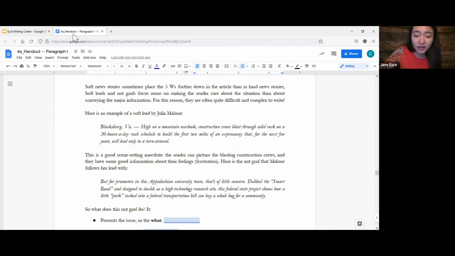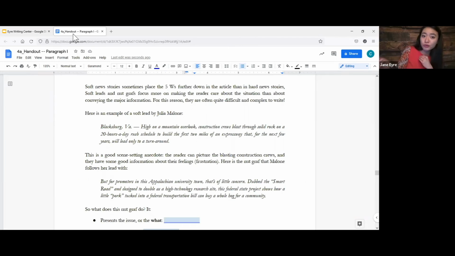So oftentimes a soft news nut graph might even be a little bit more difficult because you have to make the readers actually care about the situation, right? You're not just conveying major information or what just happened. You need to make them care while also telling them what happened. So sometimes they can be pretty difficult and pretty complex.